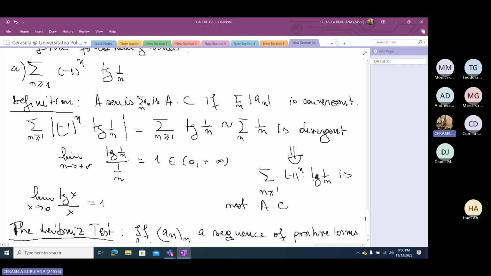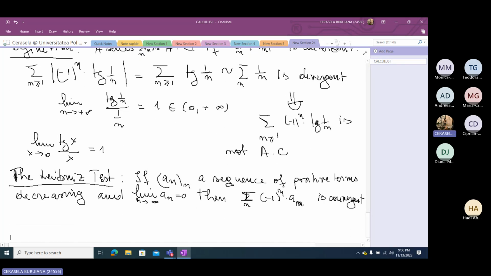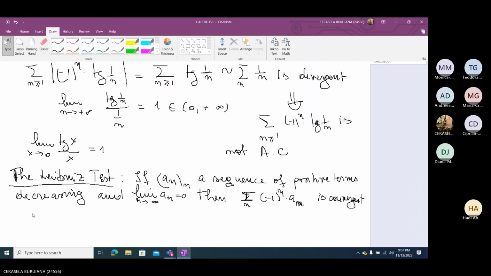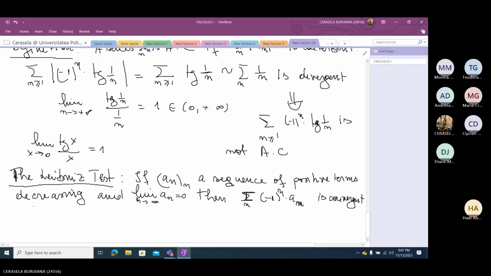So, in my case, because I want to use the Leibniz test, which term will be a_n? Tangent of 1 over n. Exactly, very well. So a_n, in our case, is the tangent of 1 over n, where n goes from 1 to infinity.